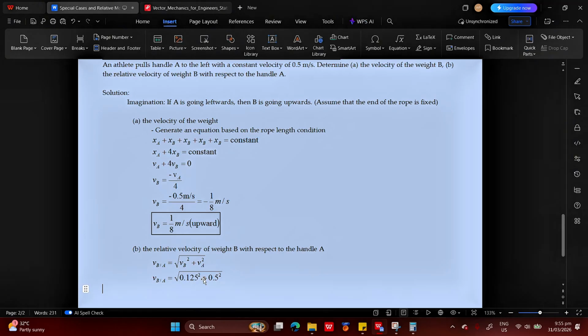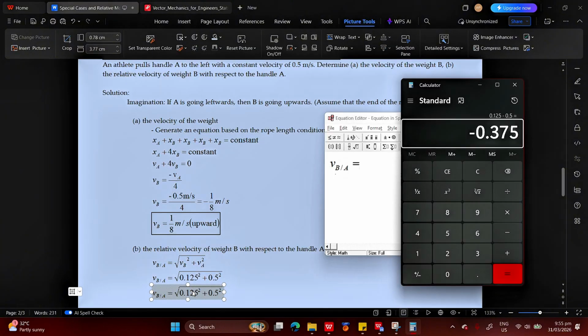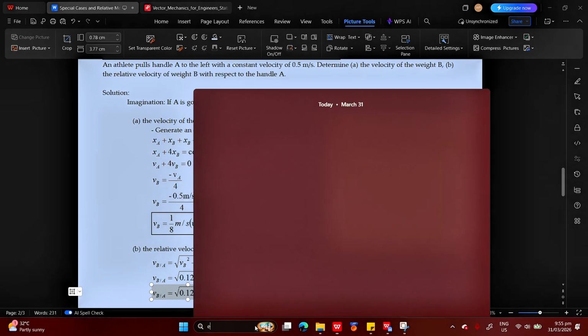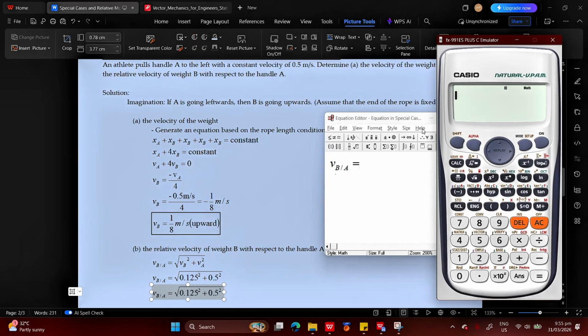Okay, so we need to use the calculator. Square root, 0.125 squared plus 0.5 squared, 0.5154.